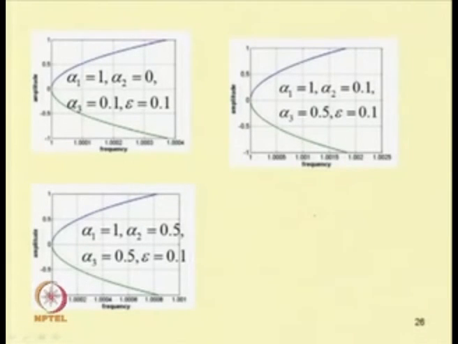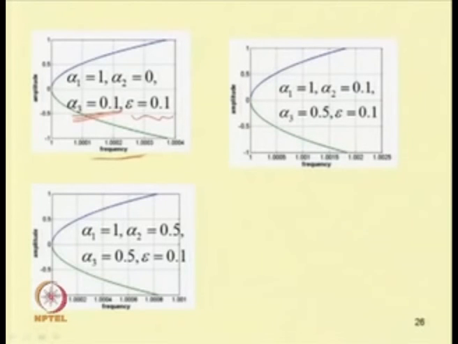If we have applied an impulse force, but let us take only the cubic nonlinearity, that is α3. If you take α3 equal to 0.1, and let us take ε equal to 0.1 also, then one can find that with increase in frequency, the amplitude increases.